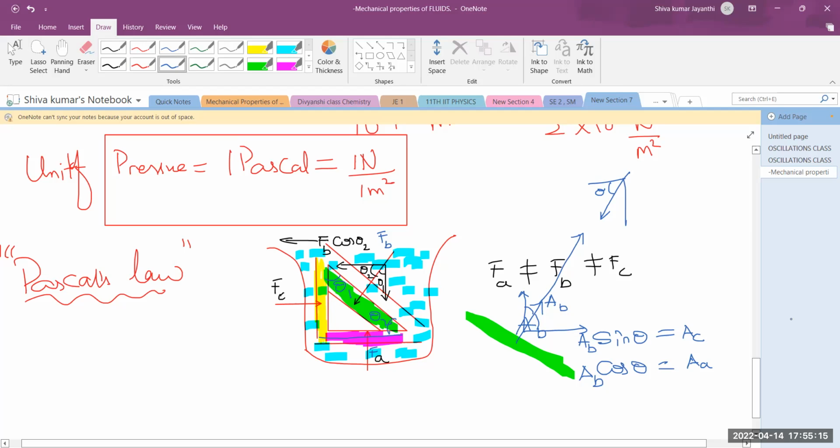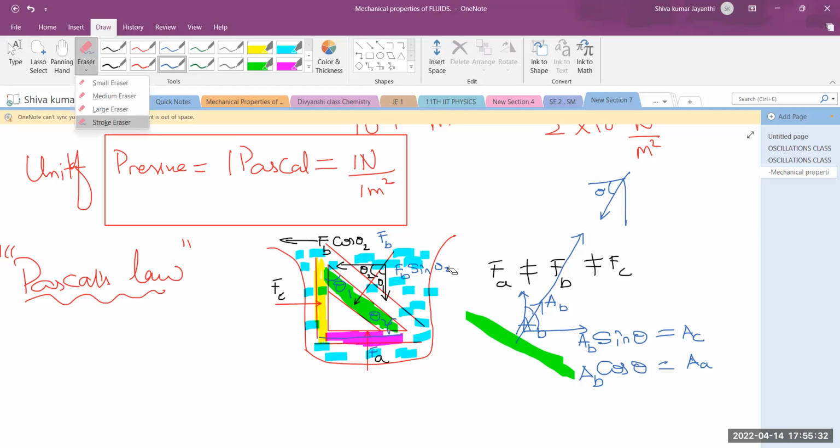This is by simple geometry. Similarly, the force Fi is split up as two components, one this side and another that side, with sine theta. Let us call it theta.